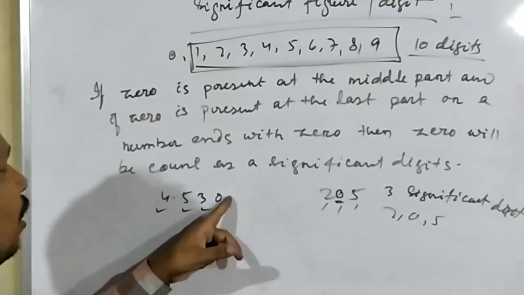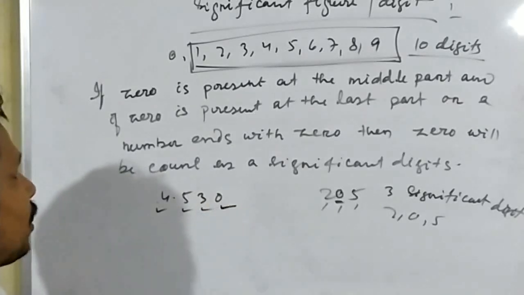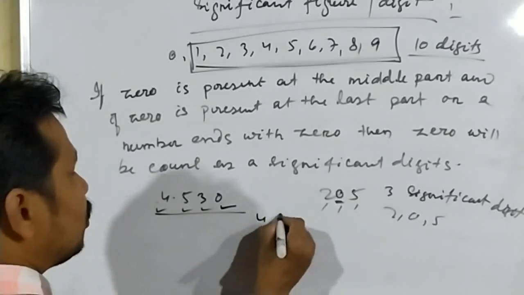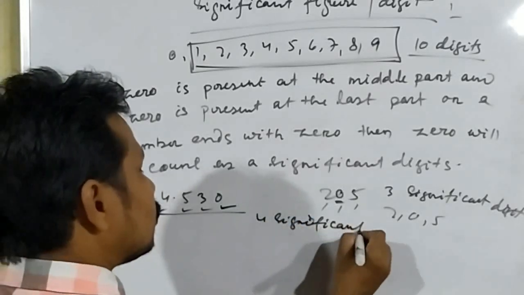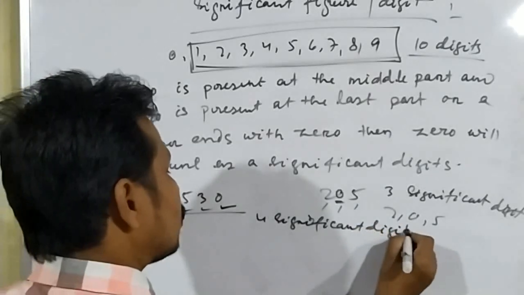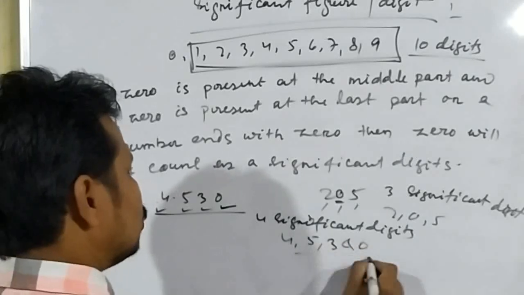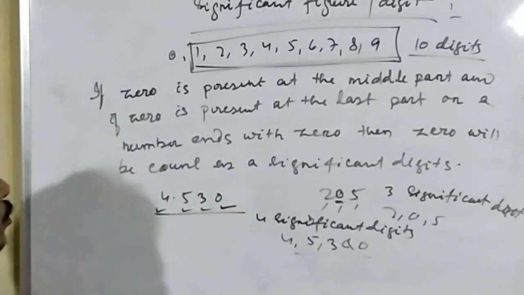Because 0 is present at the end position of this number, 0 will be counted as a significant digit. So in this number, 4 significant digits. Okay, what are those? 4, 5, 3 and 0. These are the 4 significant digits present in 4.530.